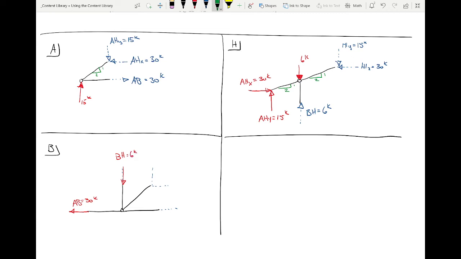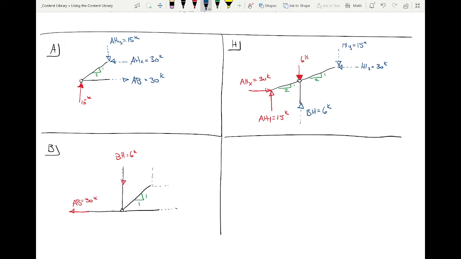Oh, I forgot the most important part. What is the slope ratio of that member? 1 to 1. It's not 1 to 2 like all these were. I find that that's the one mistake that happens the most when doing these types of problems: you get into this habit of, oh, I've just been using 1 to 2 on all these problems. No, it's 1 to 1. So that's important.